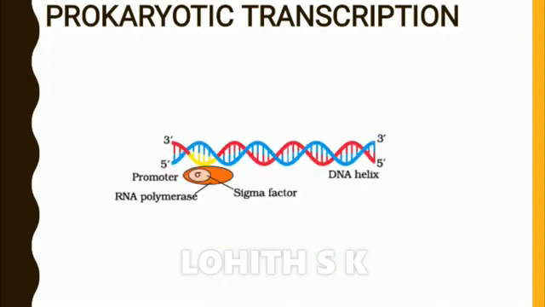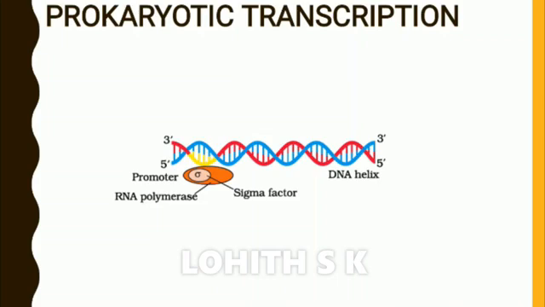Now, the promoter is recognized by the enzyme DNA-dependent RNA polymerase. This is the first step in prokaryotic transcription, and this step is called initiation. During initiation, the DNA-dependent RNA polymerase enzyme binds to the promoter.